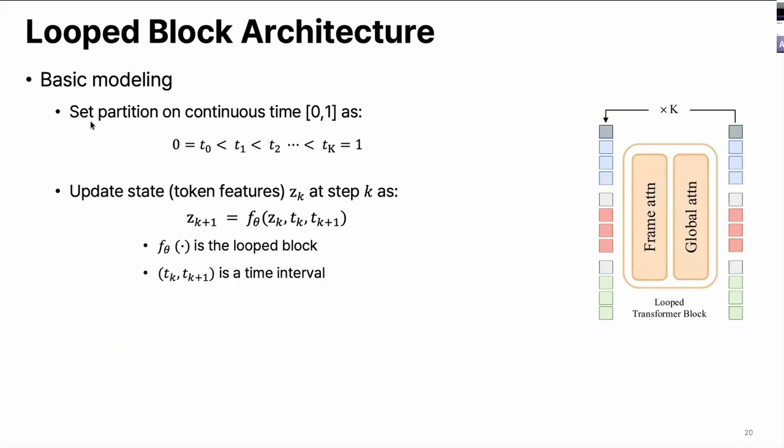And they formulate the recurrence over a time interval from 0 to 1. At each step, the state is updated using the same loop block conditioned on the time interval like tk and tk plus 1. This time conditioning is useful since the same block must behave differently at different refinement stages.